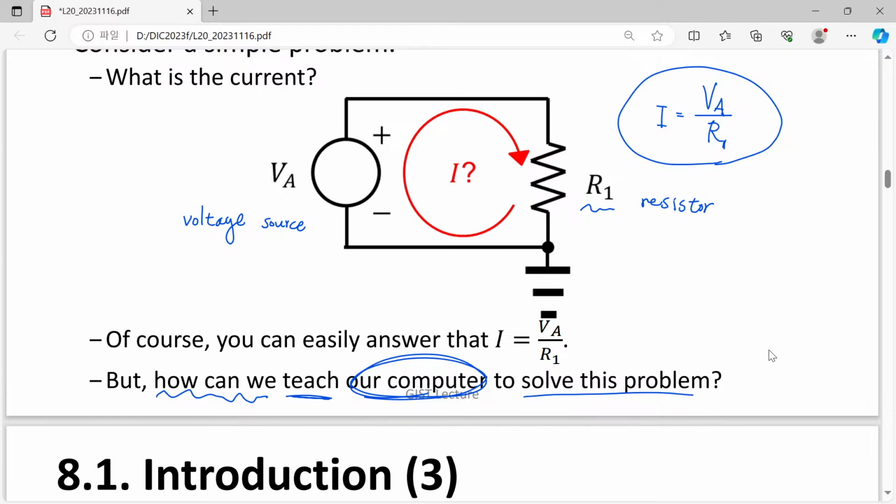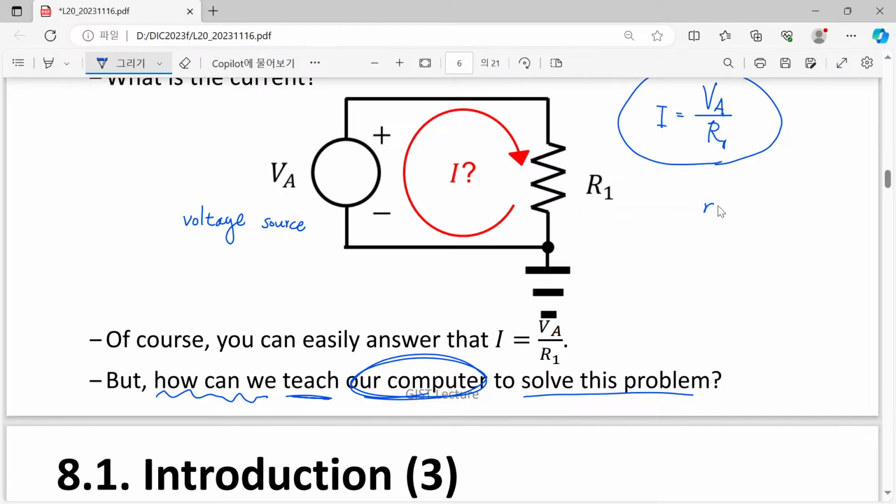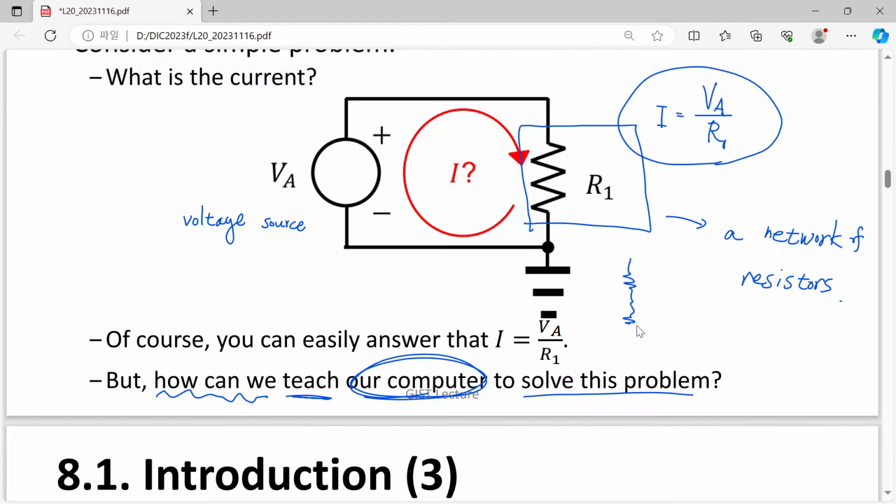Once we build a program which can solve this problem, then it is obvious that if we have a quite complicated network of resistors, instead of this simple one, let's say that we have serially connected resistors.